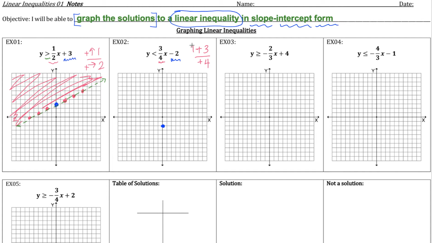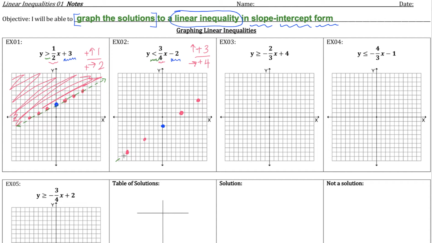So we will go up 3, right 4. 1, 2, 3, 1, 2, 3, 4. Okay, that is that. This time, though, the y's need to be less than this value.